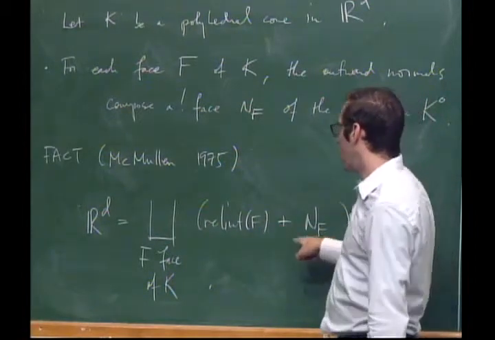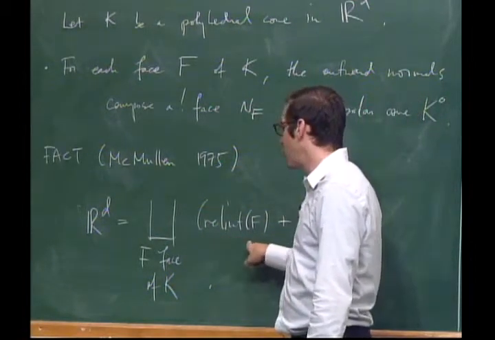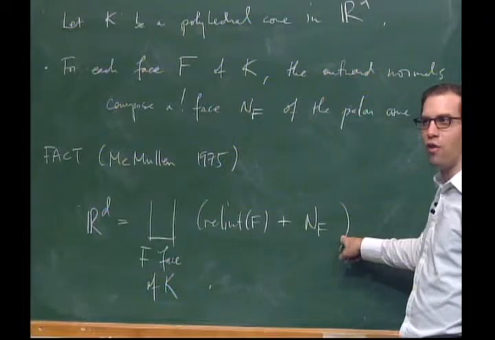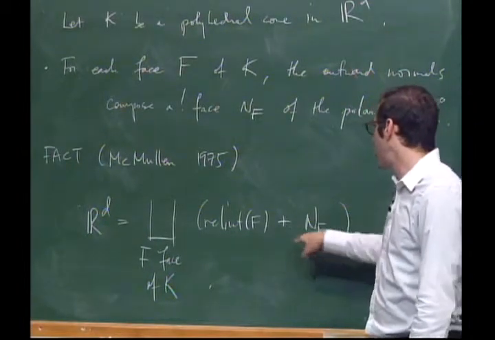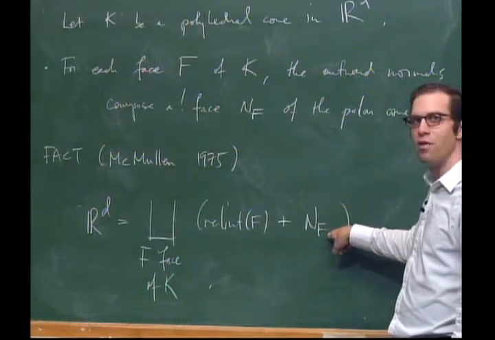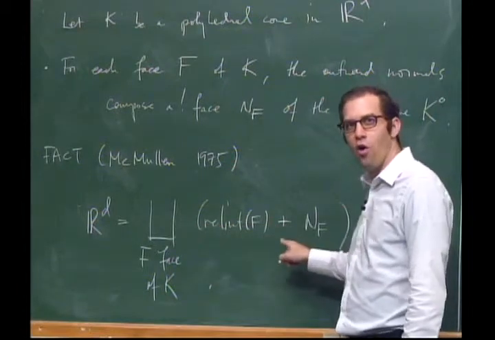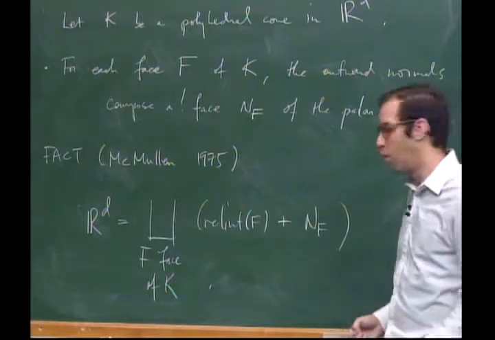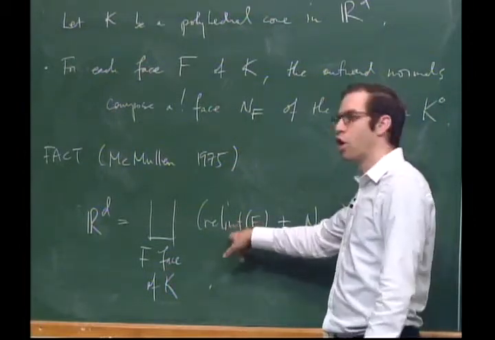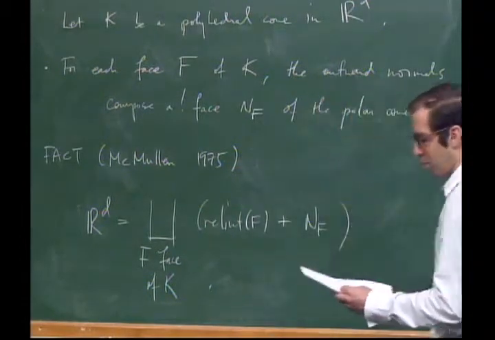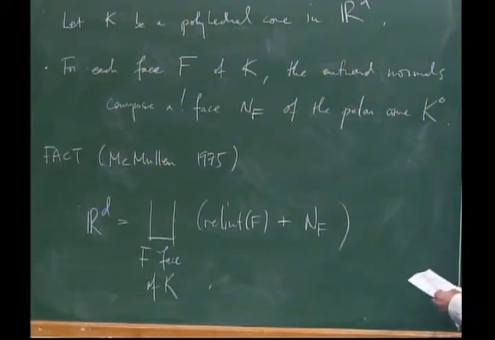When you do this for every point in every face of the cone, those fibers fill out all of R^D. These points and these points are orthogonal to each other. So there's an orthogonal decomposition of everything in R^D. And furthermore, there is no overlap, because every point in the cone belongs to the relative interior of a unique face. Okay, there's a picture that I'm not competent to draw.